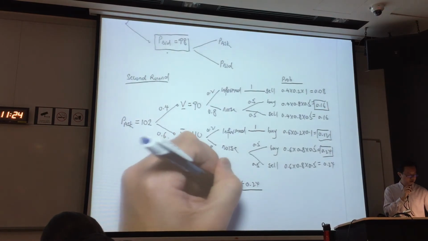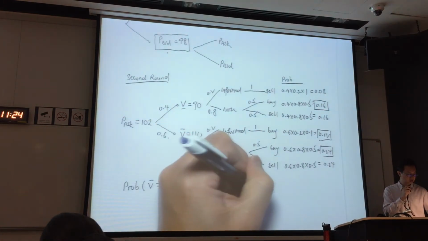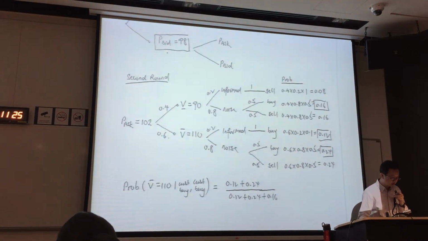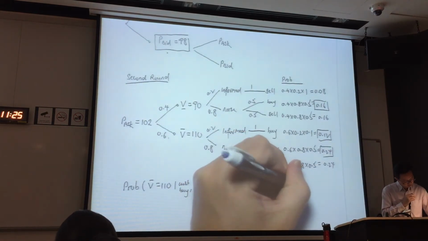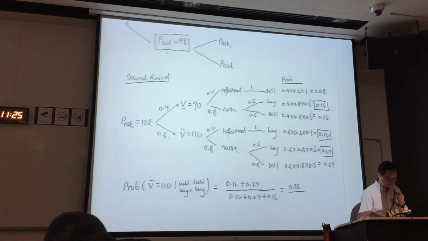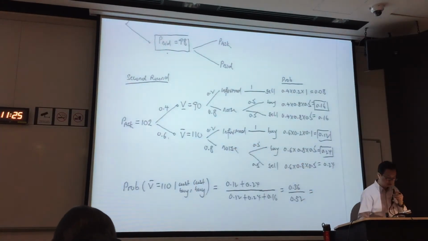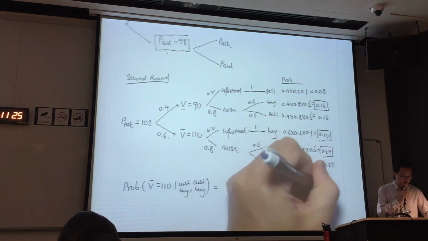So it's 0.12 plus 0.24 plus 0.16. So this will give you 0.69.